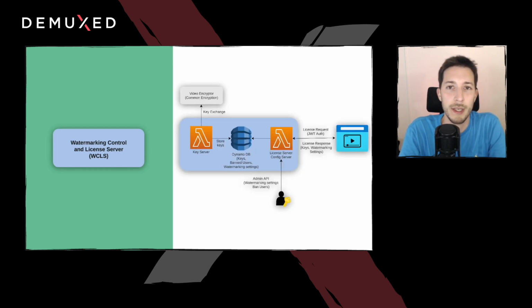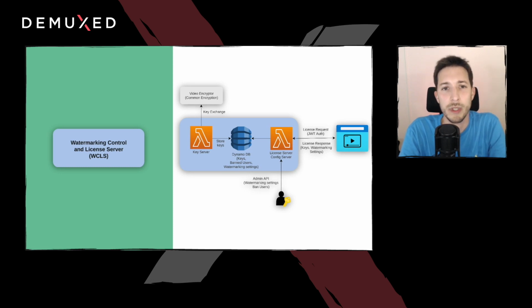The backend has two lambdas. On one end, it interfaces with the transcoder doing the key exchange and storing it into DynamoDB. On the other end, the license and config server provides an admin API to enable and disable the watermarking, ban users, and it also provides a response to the license request done by the VideoJS plugin.